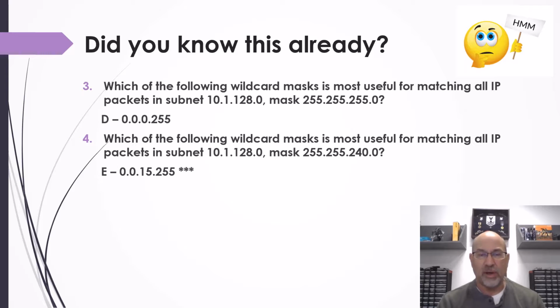Question number 4, which of the following wildcard mask is most useful for matching all IP packets with a subnet of 10.1.128.0 with a mask of 255.255.240.0? Now, I have this one asterisk because if you follow the rules of the chapter, then the answer would be E, 0.0.15.255. But the key in the book says 0.0.0255.